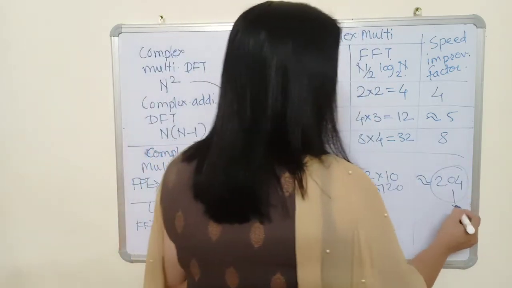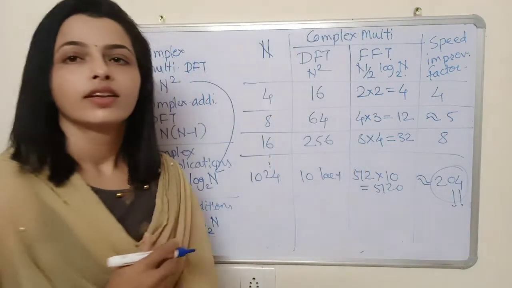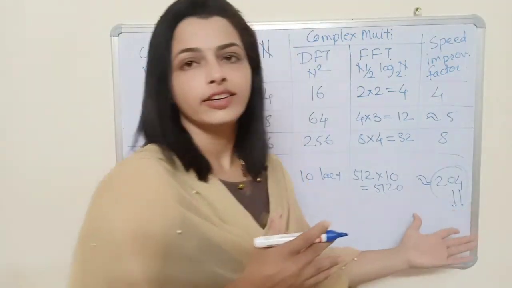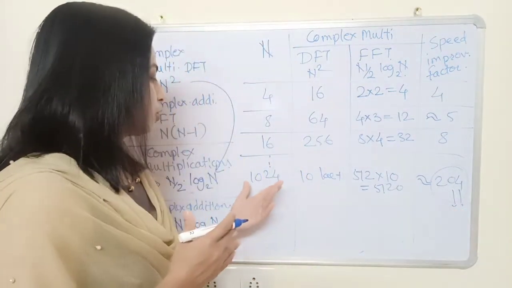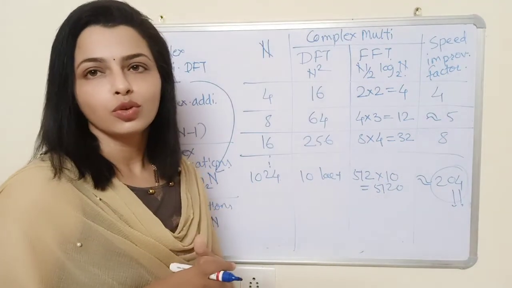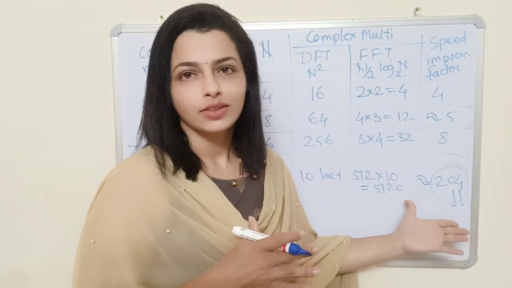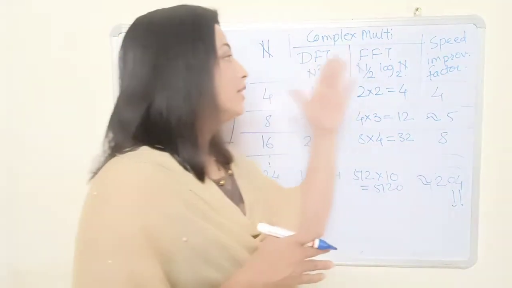So this is the thing. Speed is improved by a factor of 200 when we are going for this number of points, 1024 points. So this is a great improvement. This is the speed improvement factor.